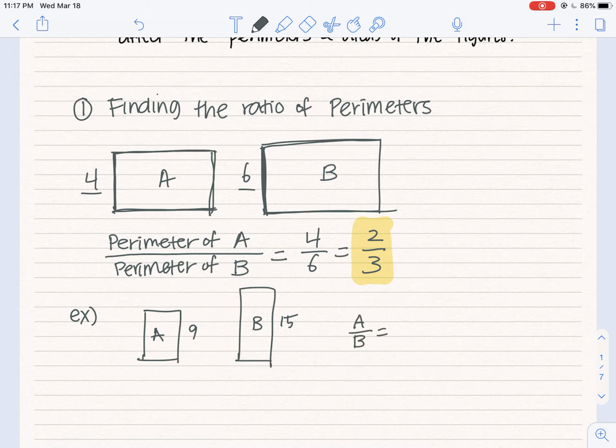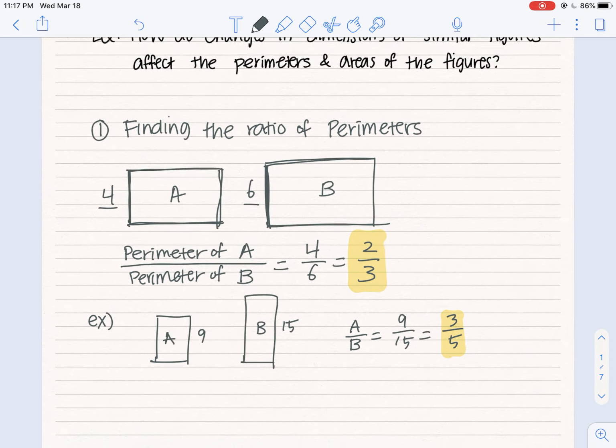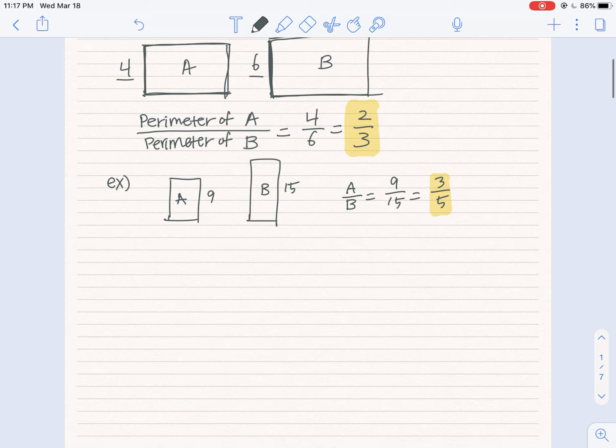The ratio of the perimeter is going to be A over B, so it's going to be 9 over 15. And you can simplify that to 3 over 5. And that is going to be the ratio of the perimeters. Even if we don't know the rest of the measurements, we can know that that's going to be their perimeter ratio.